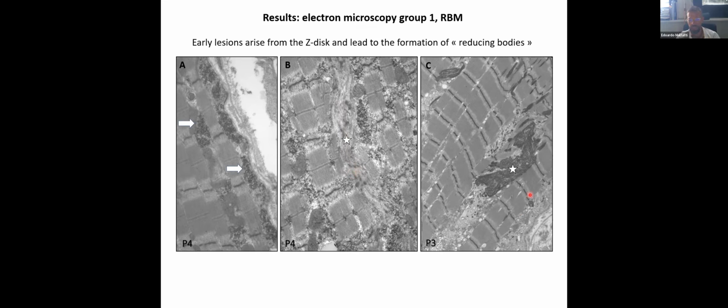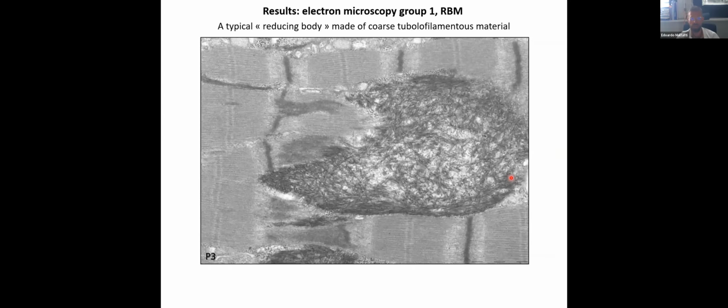The lesion then tended to become more patchy, more extended, and really dissociated the sarcomeric structure that you can see here. It becomes disrupted and dissociated, accumulating other autophagic material associated with the reducing body.